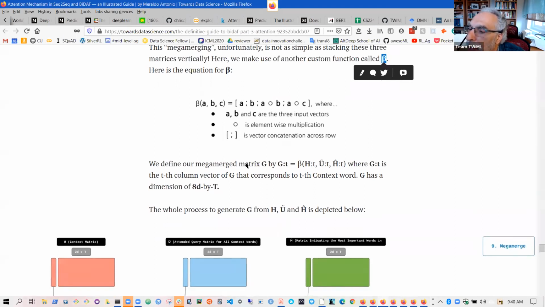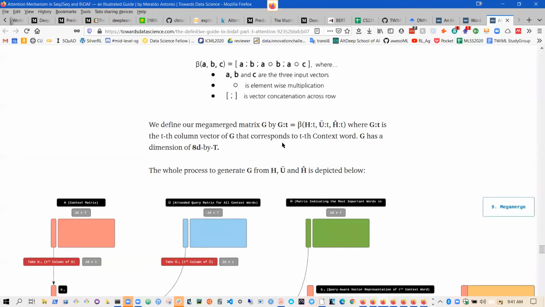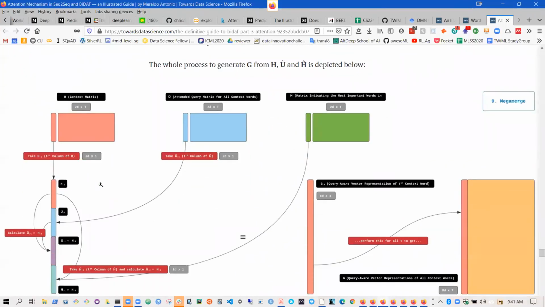Okay, so now we have this mega merge matrix G, B, H, U, where G is the ith column. He's just explaining, it's better explained in the picture. If you just go down, you can see that it's the same thing as in the equation, the two pieces and then the two cross products. That's all he's trying to portray.